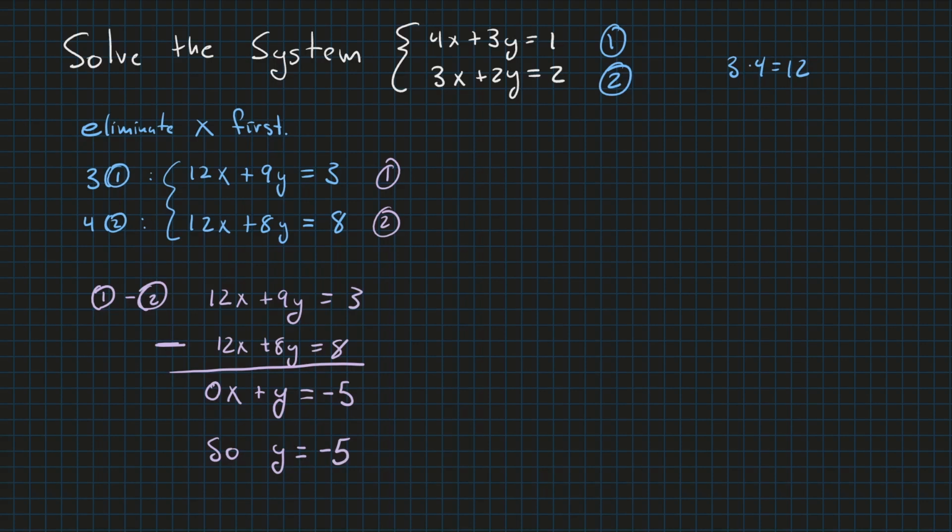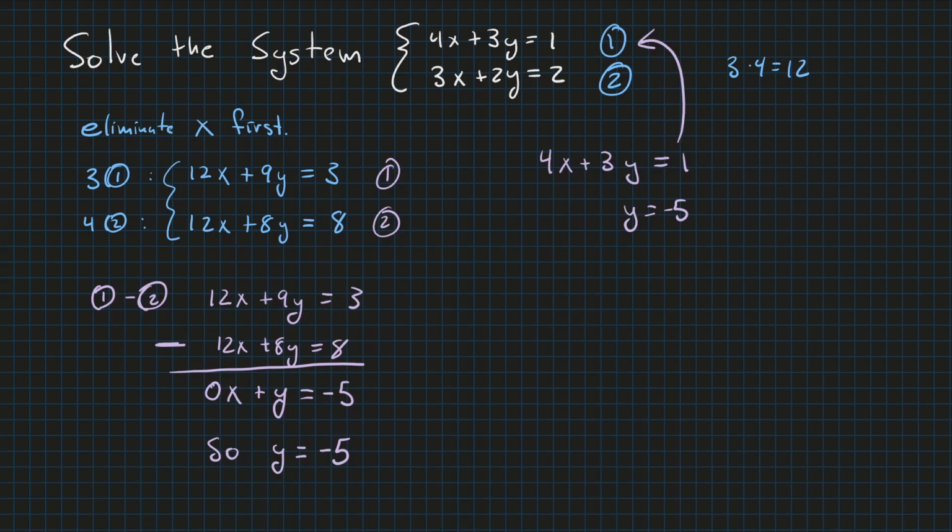Great. That gave us a nice solution for the y coordinate of our point. So now we may ask, how do we get the other coordinate? Well, you can use elimination again, and that is completely fine and up to you. But what I'm going to do is go back to our first equation, 4x plus 3y is equal to 1. Since y is minus 5 in the solution point, it also satisfies this first equation.